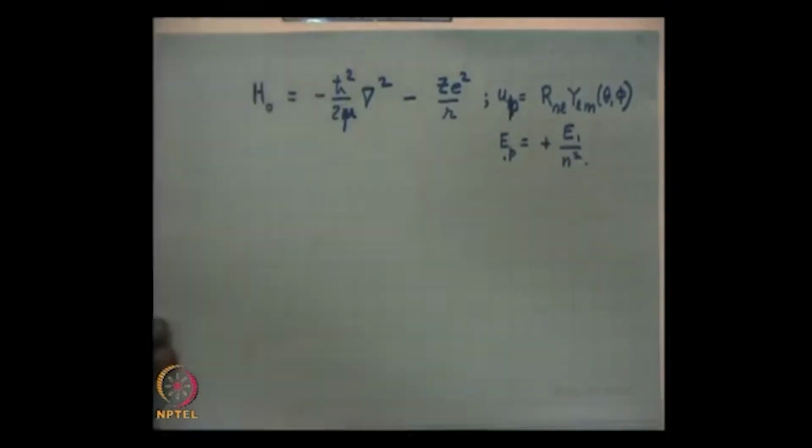Now, I put the hydrogen atom in an electric field, and there will be a perturbation, or in a magnetic field there will be an additional term which will represent the interaction with the electric field and the magnetic field. So, what will be the effect on the energy eigenvalues?